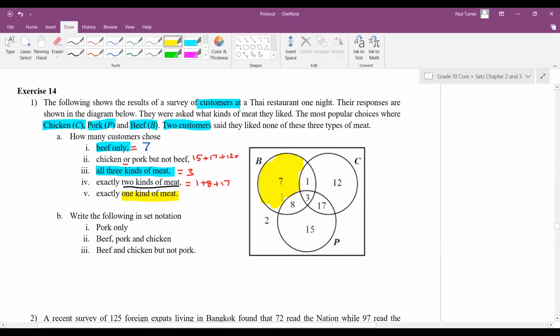But I don't want to be too slow either. So we'll keep going. I'm assuming you understand. So 1 kind of meat is beef only, or it could be chicken only, which is this one here, or it could be pork only.